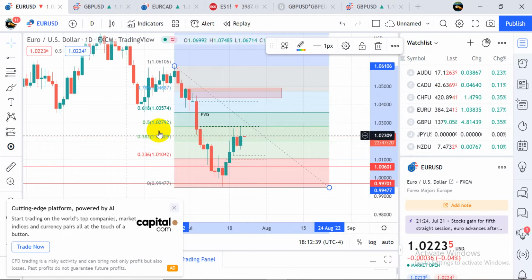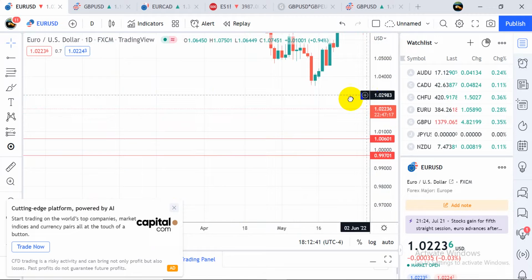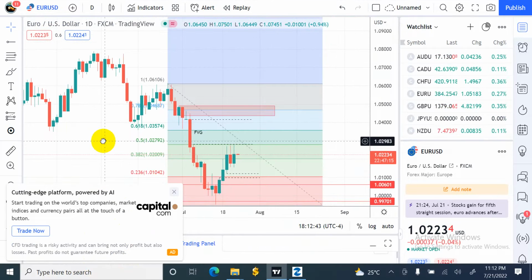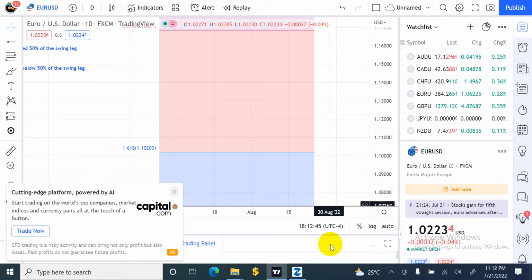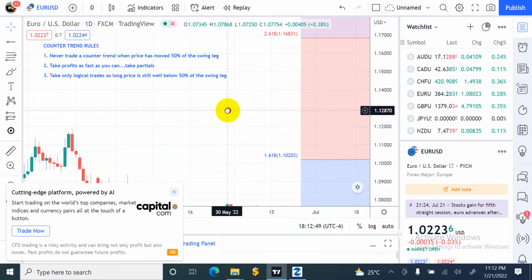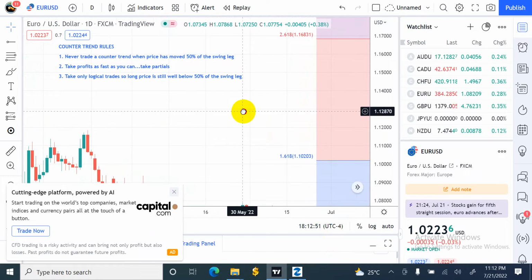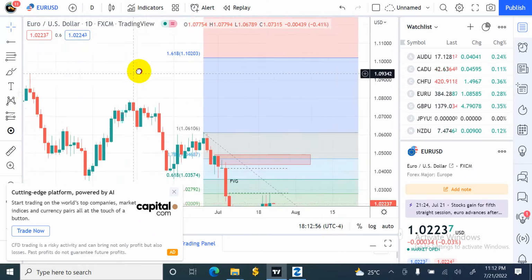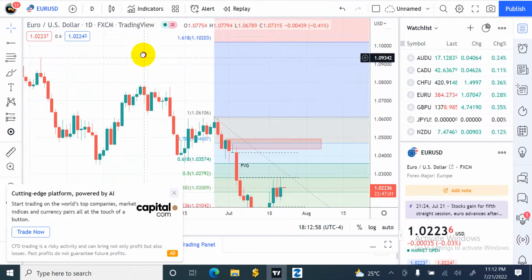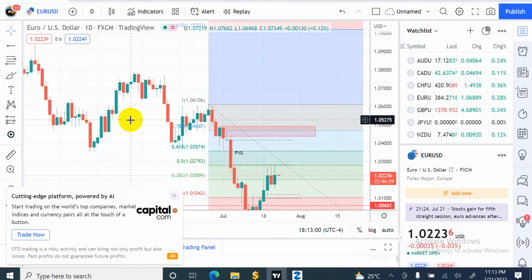And the second rule, what was the second rule? Okay, the second rule was take profit as fast as you can. Once you see your profit, you take it immediately once you're counter trending, because a counter trend is not the real trend.